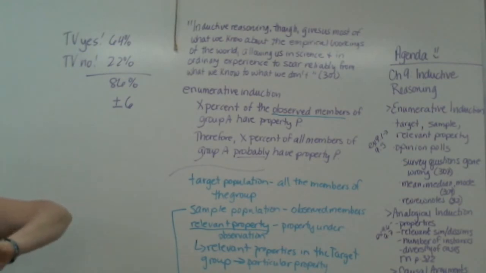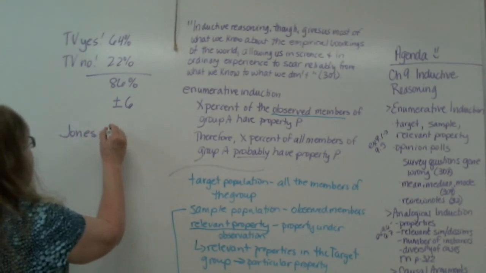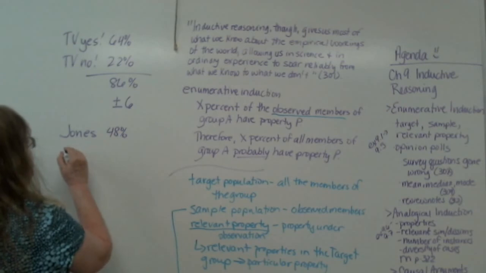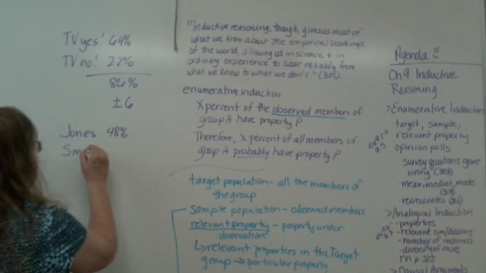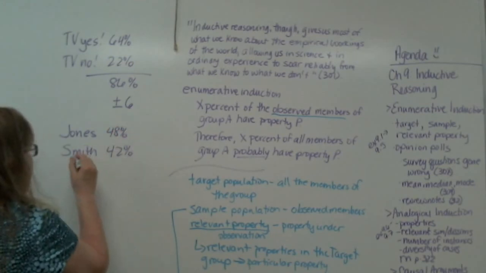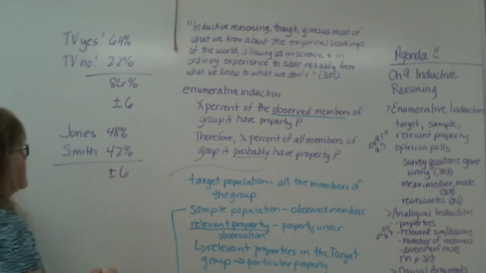Now, think about the last time you watched the results come in from some sort of political election. Sometimes you'll get this. You'll have Jones has 48% and Smith has 42%. Okay, that's a pretty good margin there, right? But it's also plus or minus 6.